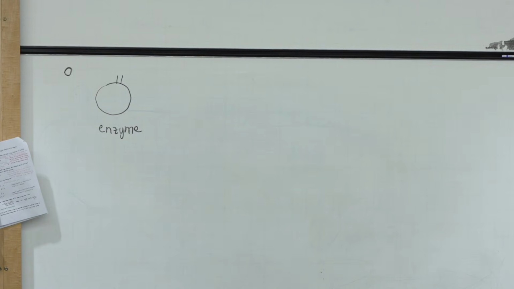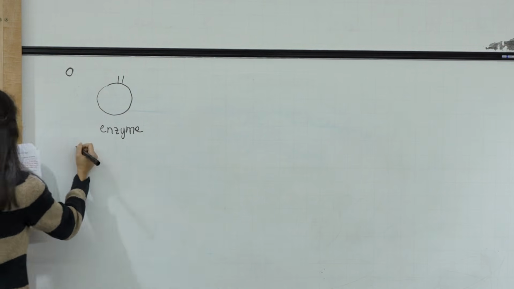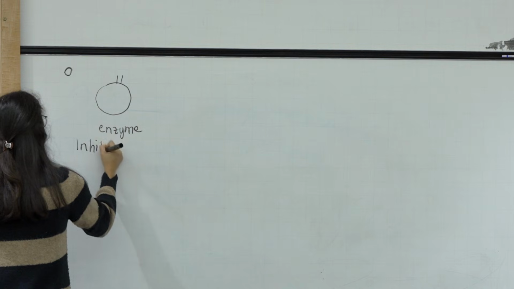So now what we have is something called a competitive inhibition, which means that you can have some other molecule which is similar to the substrate, and it tries to bind into the enzyme instead. So I will just define it.